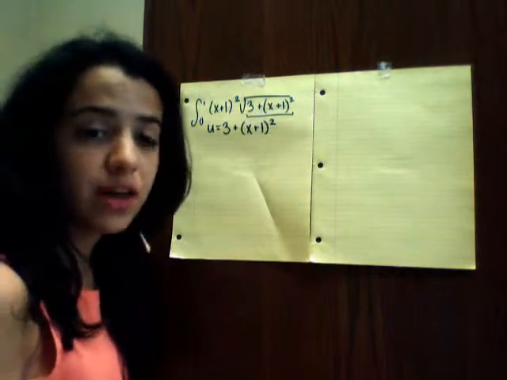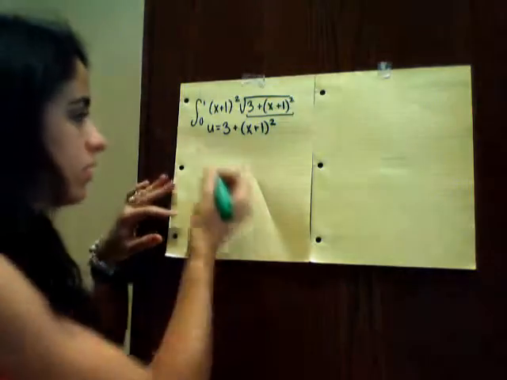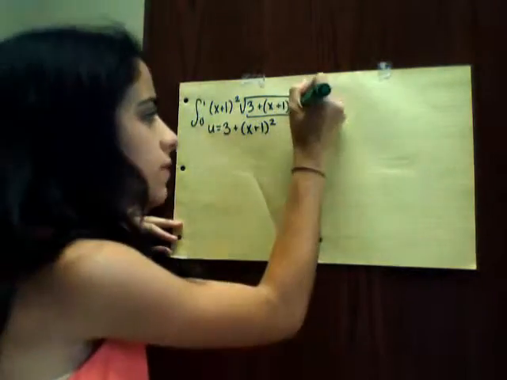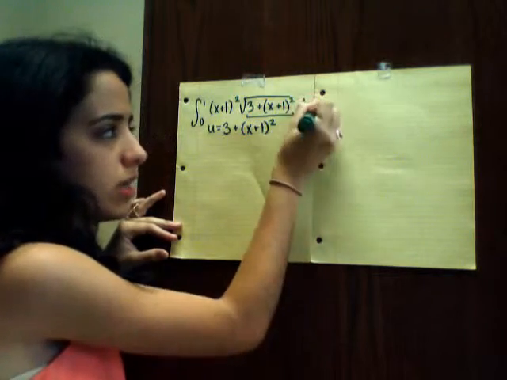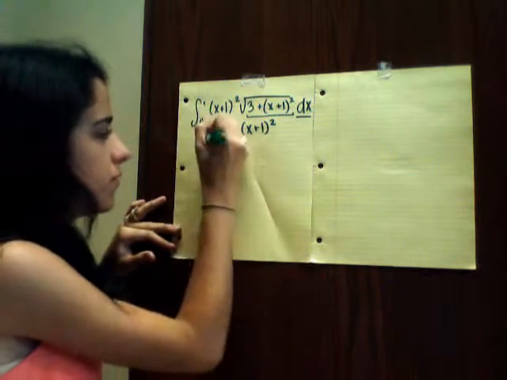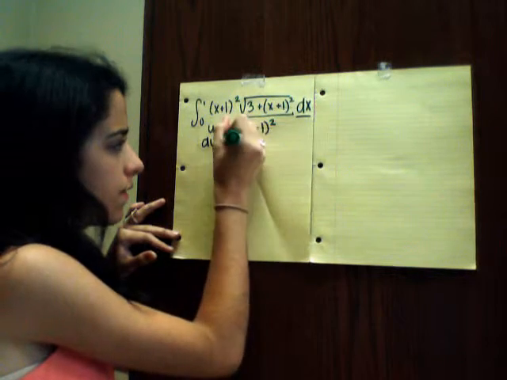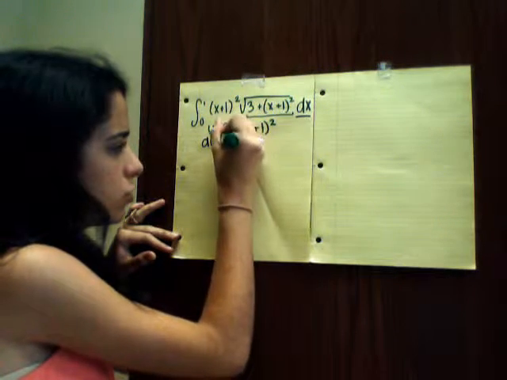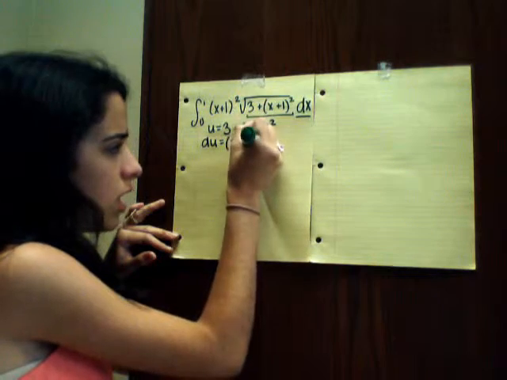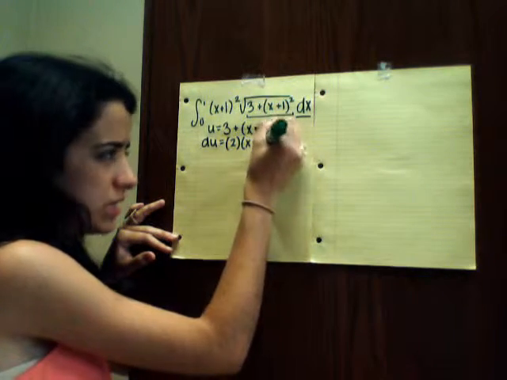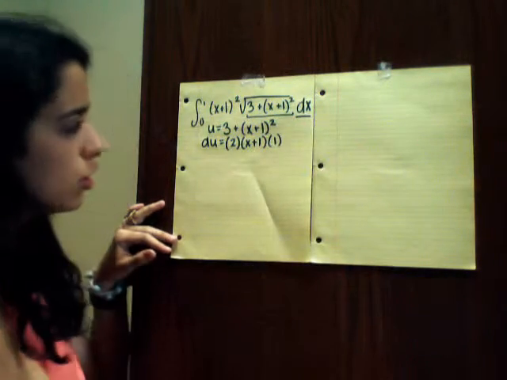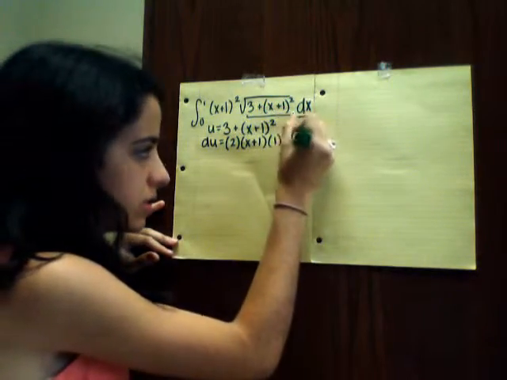And we have to find its derivative in order to find dx, which is this part of the equation. So du equals 2 times (x plus 1) times 1 dx.